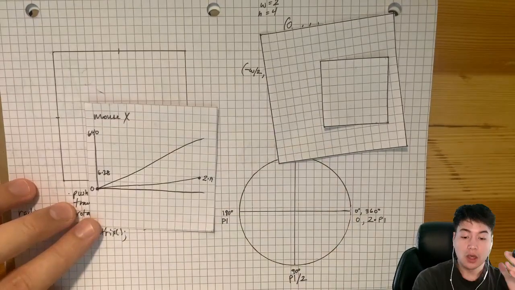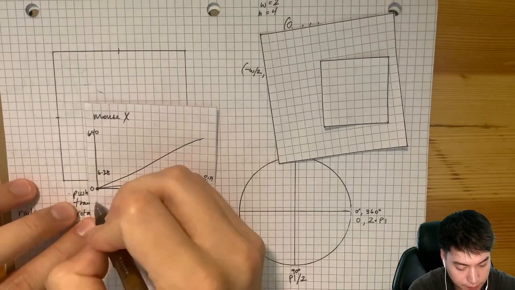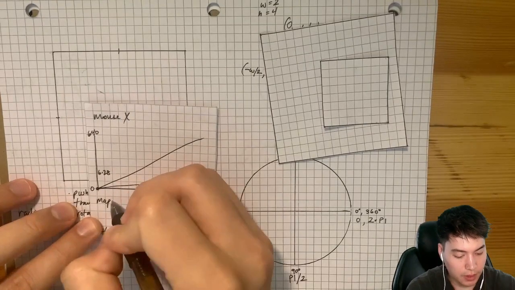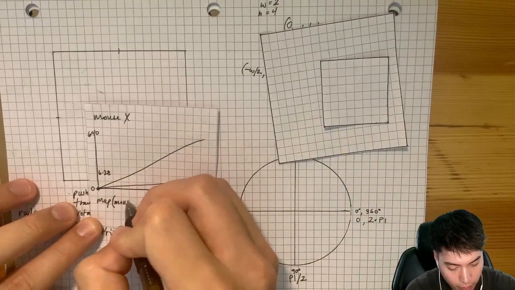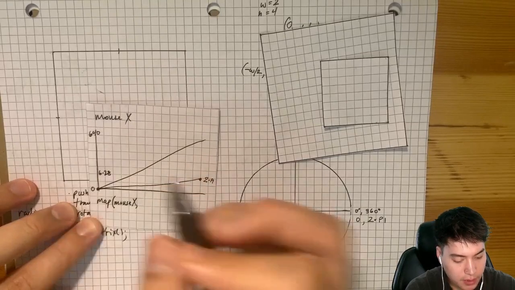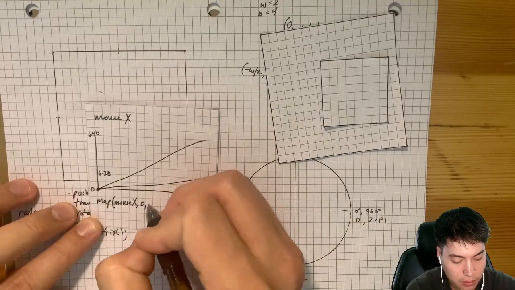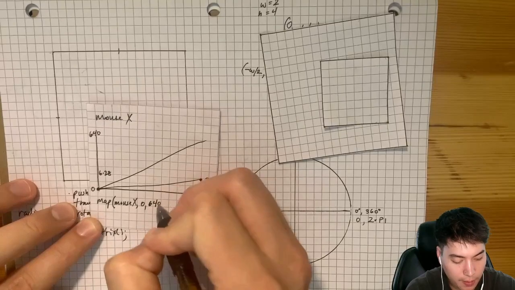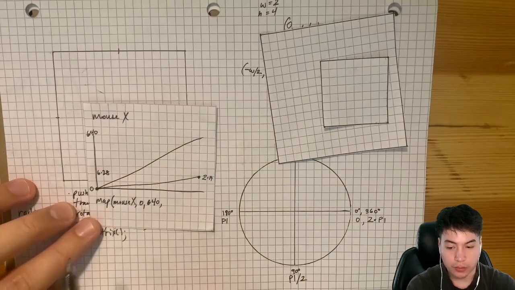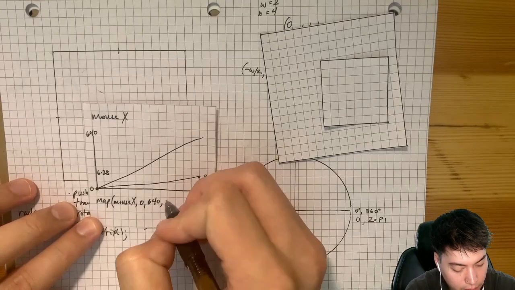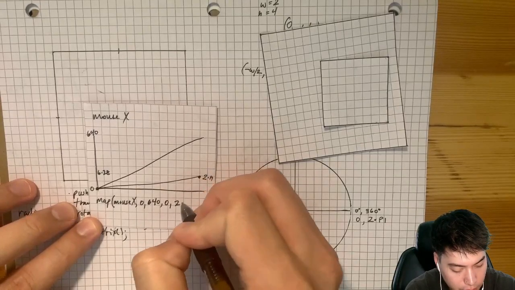to do a full 360-degree rotation. So what map does is it takes some value that we know, mouse x, and we have to tell this function what's the range of the original value. It's going to go from 0 to 640, and then we have to tell it what range we want to output instead, and we want to go from 0 to 2 pi.